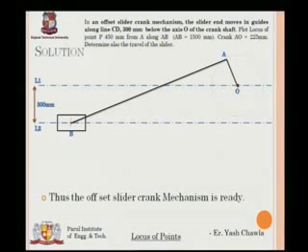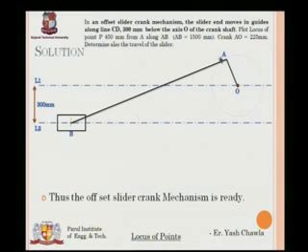Now we should know what we have to do. We have the mechanism. Now again the same old story has to be repeated. There is going to be a point on the connecting rod, as given in the question: plot the locus of a point P 450 mm from A along AB.